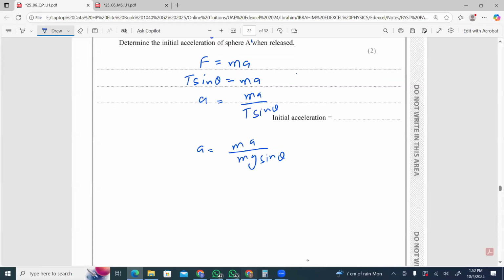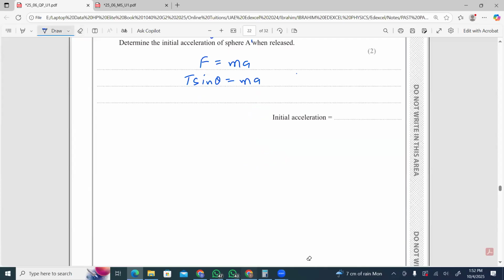Okay, mg sine theta, m got cancelled with m. Oh, I did something wrong. Apologies. T equals mg sine theta equals this. It got cancelled. So acceleration is simply g sine theta.